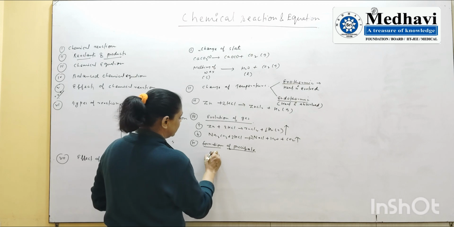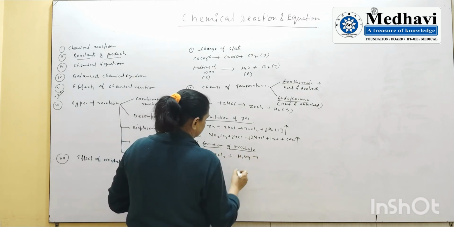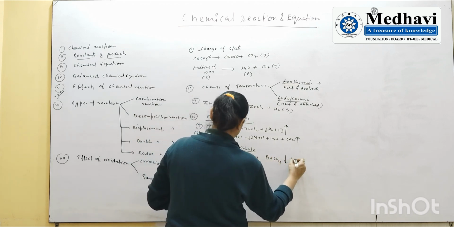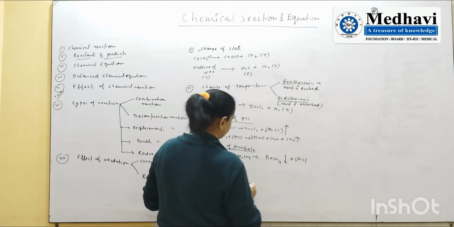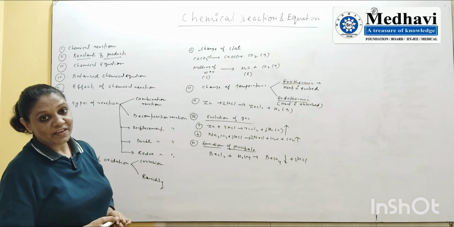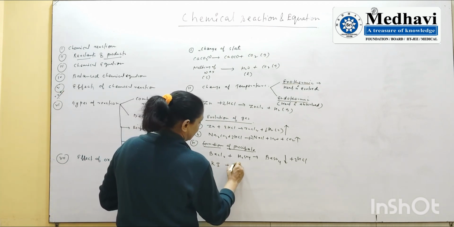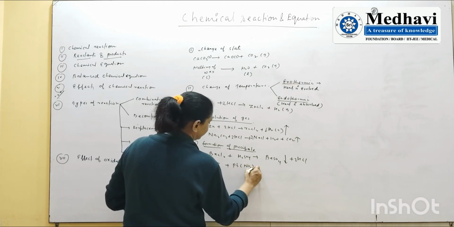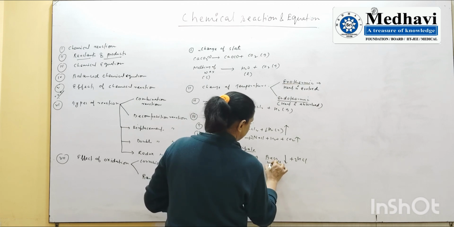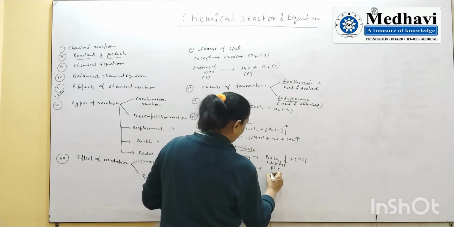When barium chloride is reacted with sulfuric acid, it gives a white precipitate of barium sulfate. So precipitate formation is one of the important characteristics of a chemical reaction. When potassium iodide is treated with lead nitrate, we get a yellow precipitate of lead iodide. This is a white PPT, precipitate in terms of PPT. This is a yellow precipitate.